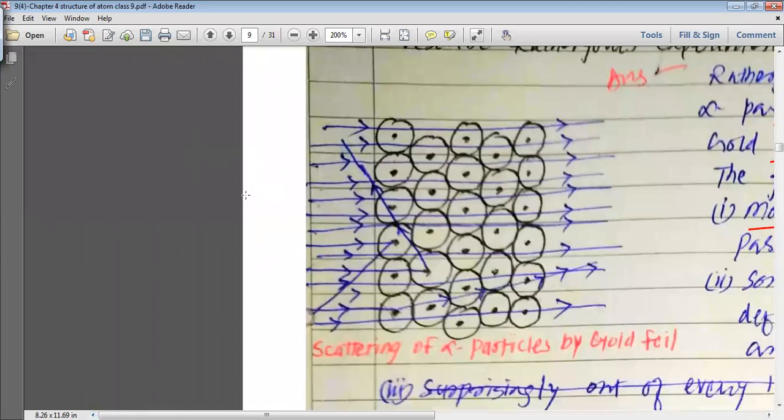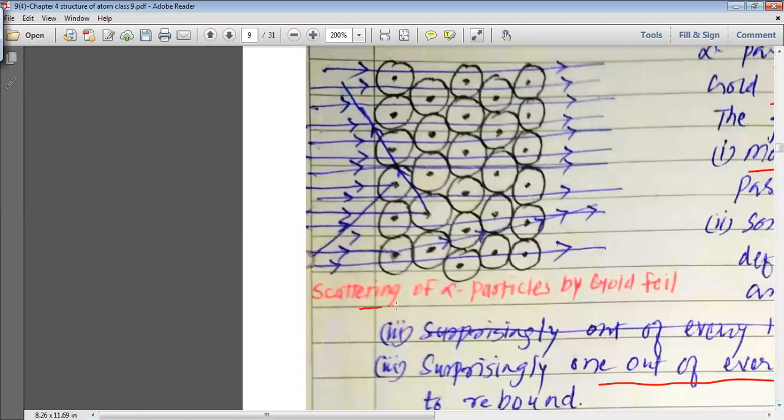Just have a look at this figure. This is the figure for the scattering of alpha particles by gold foil. You can see these particles which I have shown you in this manner. They are the gold particles, and they have a nucleus with them.